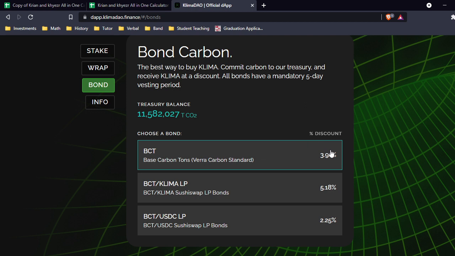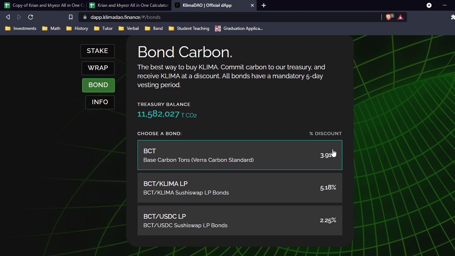And this discount tells you how much Klima extra you will receive in USD compared to BCT value in USD. So the higher this discount, the more advantageous it is for you to bond. The lower this discount, the less advantageous it is for you to bond.